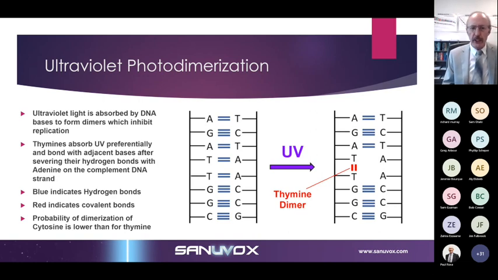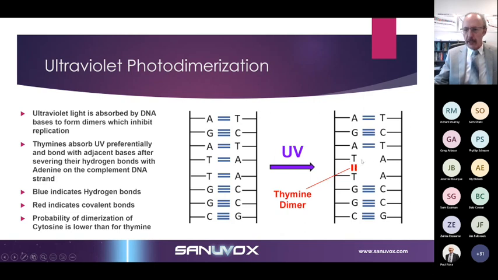Thymines preferentially absorb ultraviolet photons, and they bond with adjacent bases after severing their hydrogen bonds with adenine on the complement DNA strand. Here we see a T to A with two hydrogen bonds. It absorbs the UV photon.